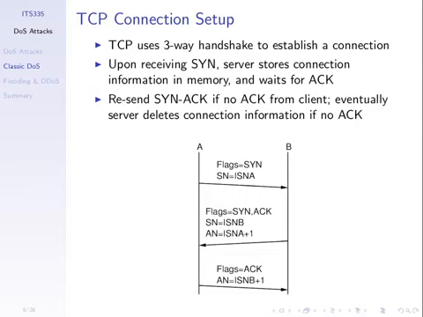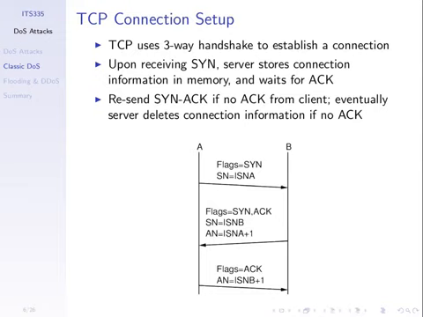The client says, I want to start a connection with you. When the server gets that first message, it will store some information saying who the client is, the IP address and port number, and maybe even allocate some memory for the upcoming data transfer, some buffer space. If it's going to use some flow control, then it's going to need some buffer space.